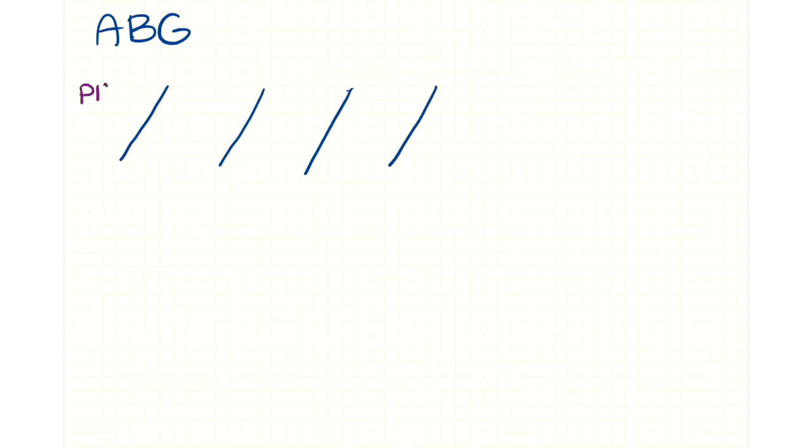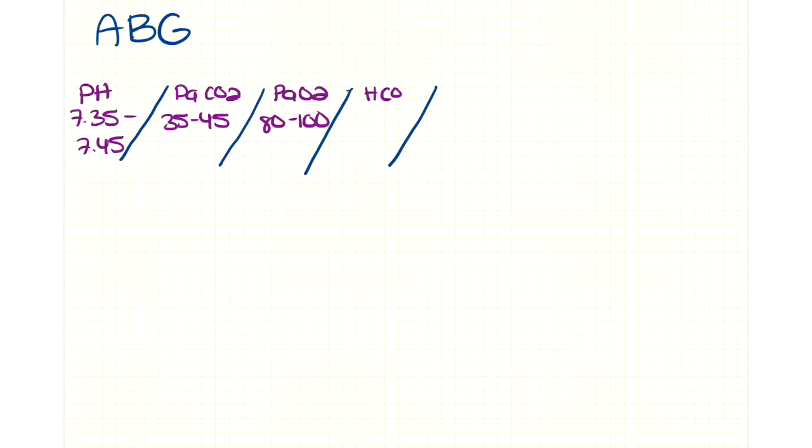Is your pH 7.35 to 7.45. PaCO2 is 35 to 45. PaO2 is 80 to 100, and your bicarb is 22 to 26.